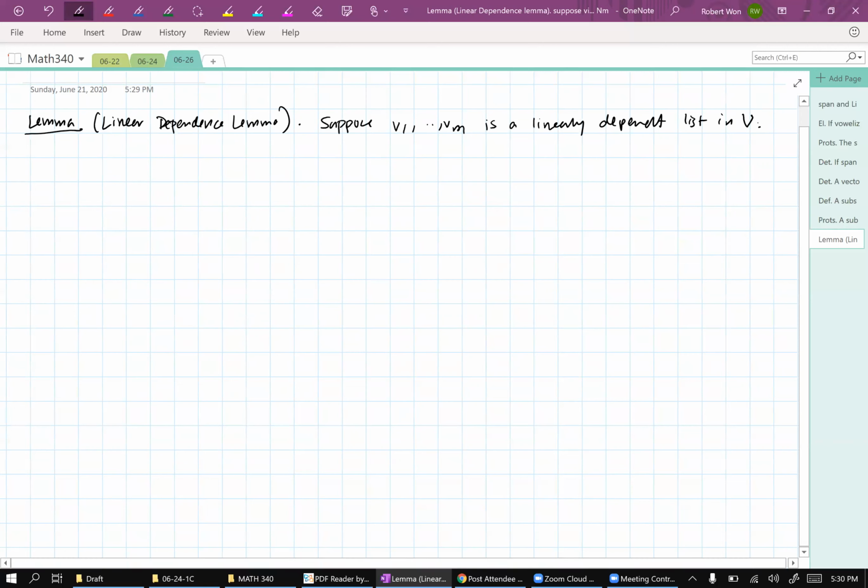But this lemma says something a little bit stronger. Then there exists some j between 1 and m such that the following hold.